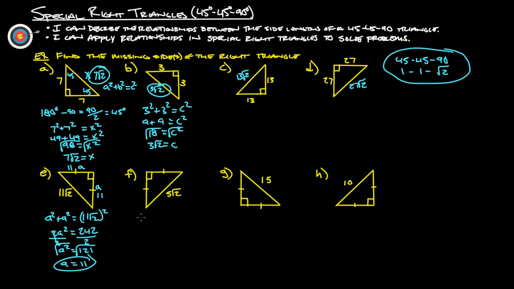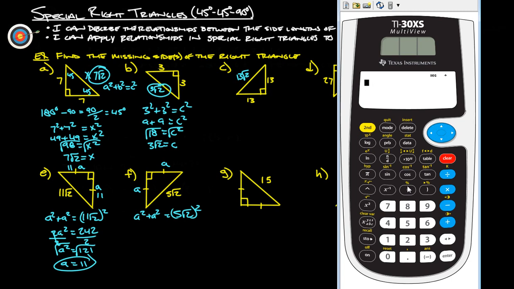Okay, let's try the same thing with this. Make sure that that works out the same way. So let's call this a and a again, since they're both the same length. So we got a squared plus a squared equals 5 root 2 squared. Okay, so we bust out our calculator. 5 square root 2, go over and then close, there we go, squared, gives us 50.